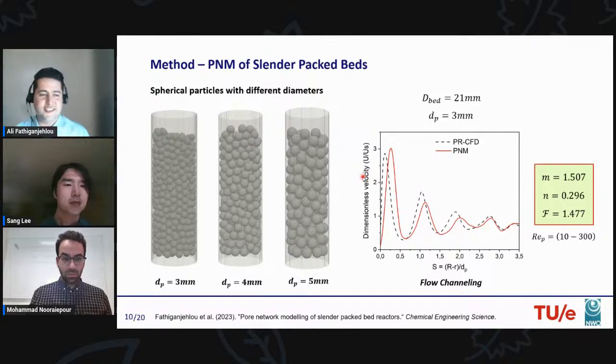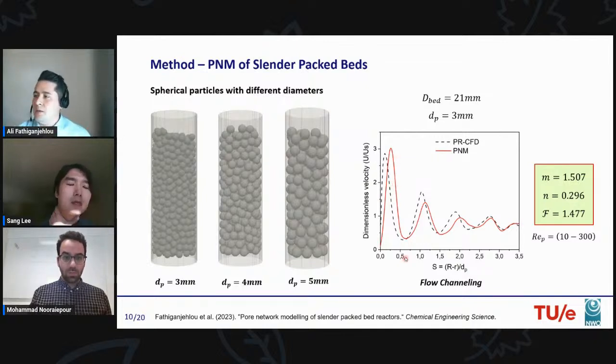Yeah, actually, that's a really nice question. We also addressed this question in our publication. The reason for this discrepancy between PNM and PRCFD is related to the definition of pores and throats, especially close to the column wall. We noticed that the definition needs to be improved close to the column wall.